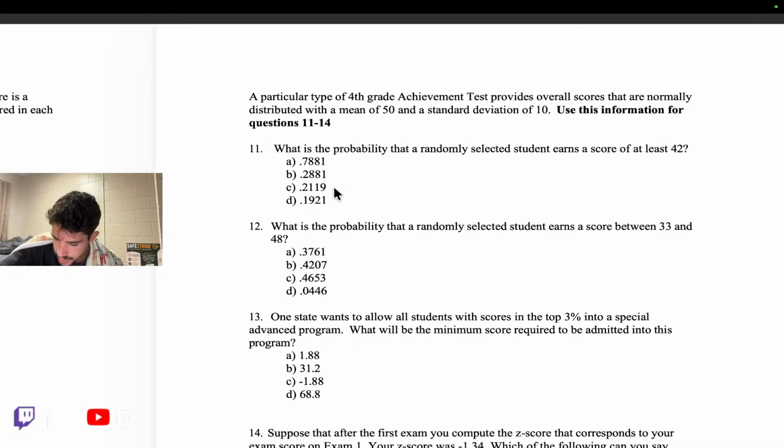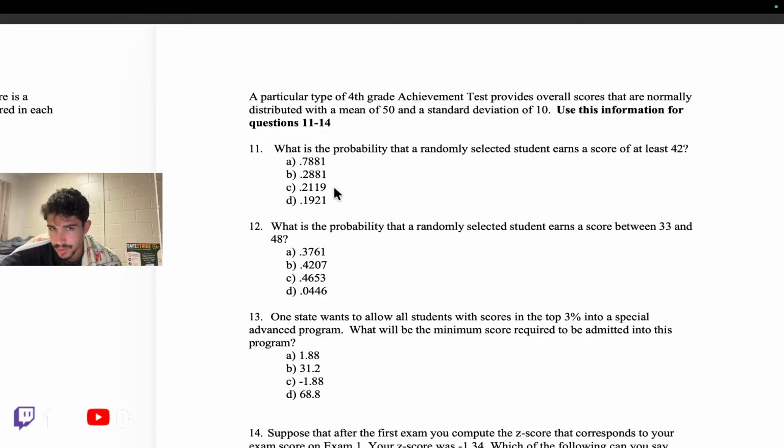And then z equals 48 minus 50 divided by 10. So here we get 33 minus 50, negative 17 divided by 10, equal to negative 1.7. Then the other one, we get 48 minus 50 is negative 2, divided by 10, it's going to be negative 0.2.